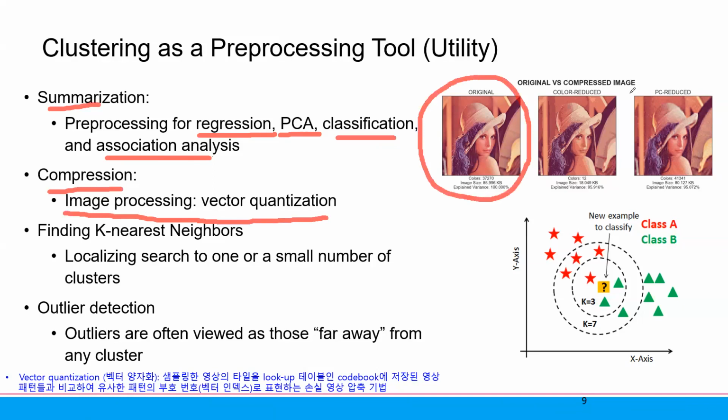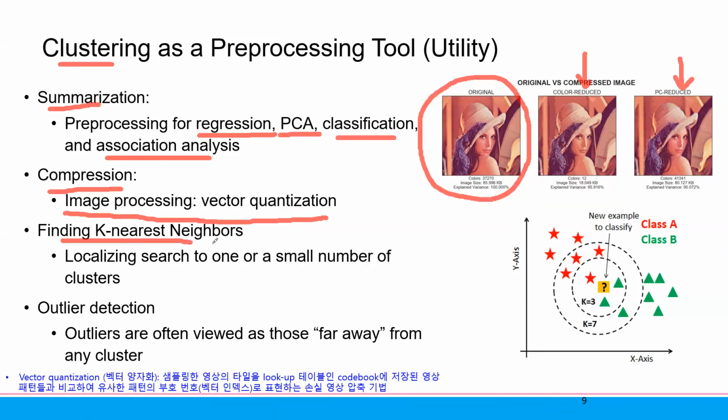If you want to use vector quantization, let's say you want to reduce the colors, or you want to use the principal component reduction, and we can have a result like this. Those kinds of things we can deal with using clustering.